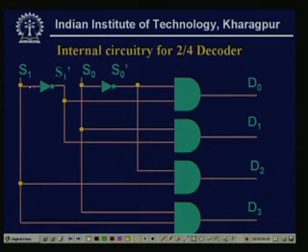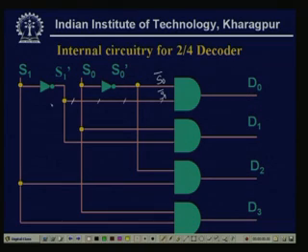See here, D0 will be active high, or D0 equal to 1, when S1 bar and S0 bar are both 1. So, see here, S1 is fed to one inverter, that means this is my S1 bar, and S0 inverted, this is my S0 bar. S1 bar and S0 bar, then D0 will be 1.